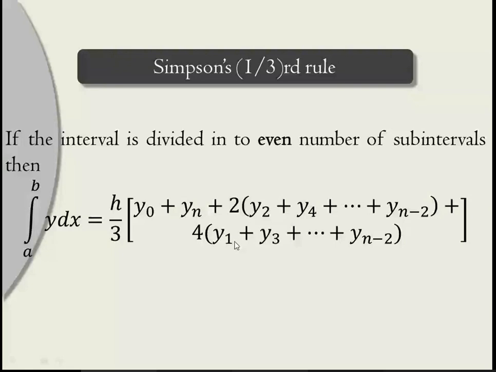This is n minus 1; by mistake I took n minus 2. This is y n minus 1. Just simple calculation gives us the answer. So only this simple formula and the condition we have to remember.